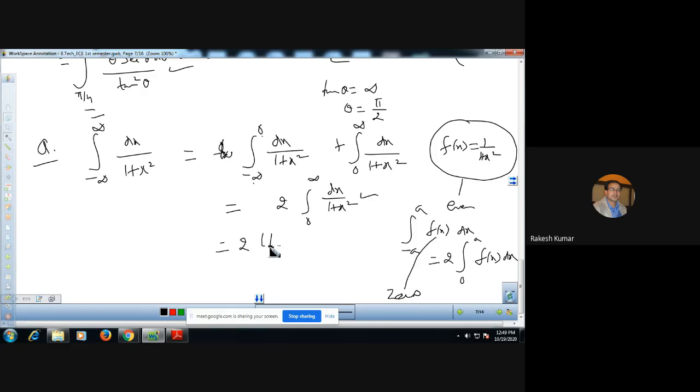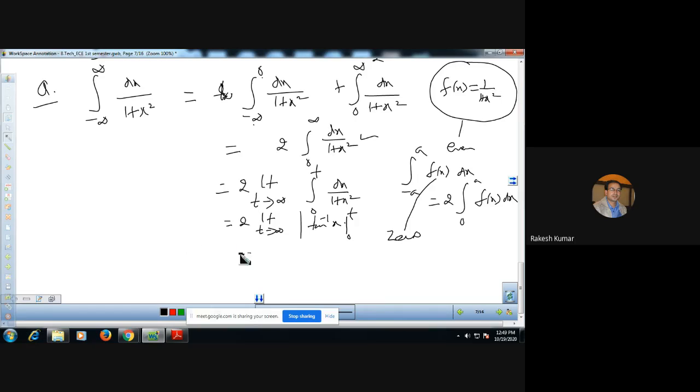Now, the upper limit is infinity. So write down the limit in terms of t and integrate it. That will be written like this: 2 times limit t approaches infinity. What is the formula for its integration? That is tangent inverse x, where the limits are 0 to t.